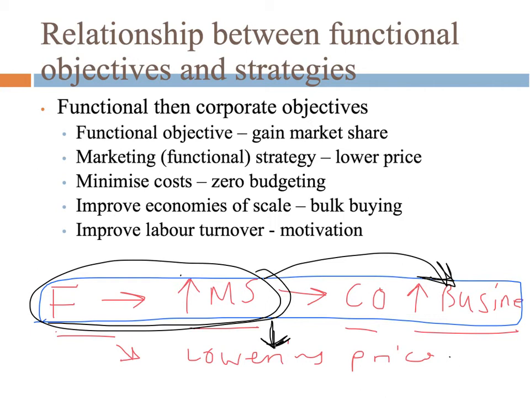The strategy that they put in place to achieve this could be introducing bulk buying, for instance. And a functional objective in the human resource division might be to improve labour turnover. The strategy to improve labour turnover might be to use better motivational techniques.